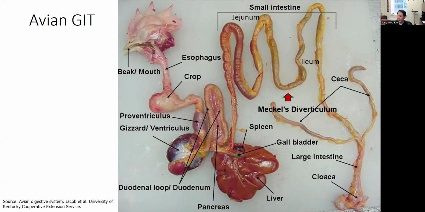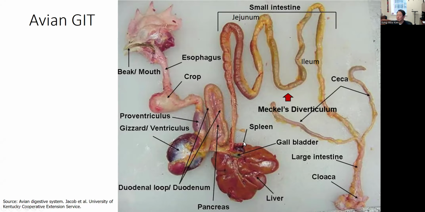Okay? So it is rather easier to define where the duodenum starts and ends in the case of avian, because I can identify the pancreas and the intestine surrounding the pancreas, which makes a loop. So that is the portion of small intestine called the duodenum.